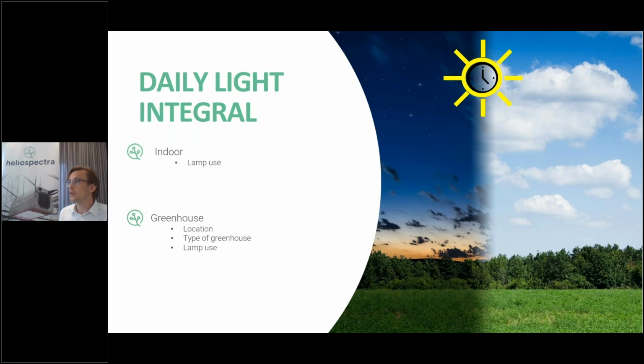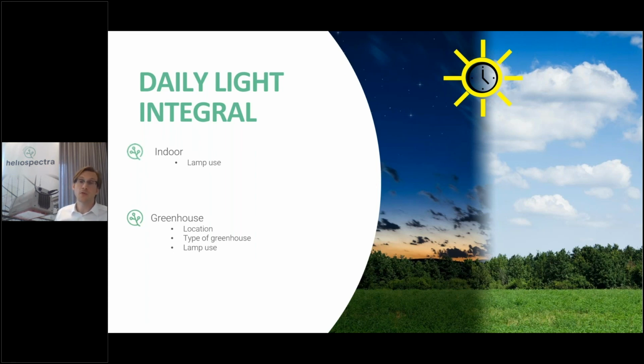So if you are in Sweden, as I am, you have very long days in the summer, for example, and very short days in the winter. And you have very high intensities in the summer and very low intensities in the winter. So the location matters. If you are on the equator, you always have 12 hours of light, and you have very high light intensities in the middle of the day all year around, so it's very different where you are.